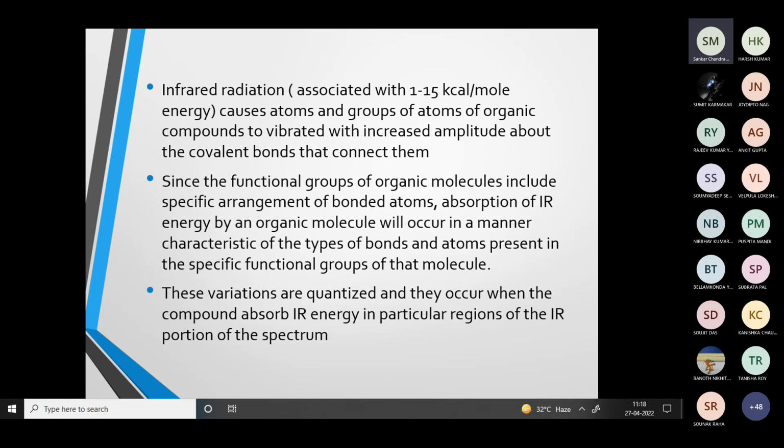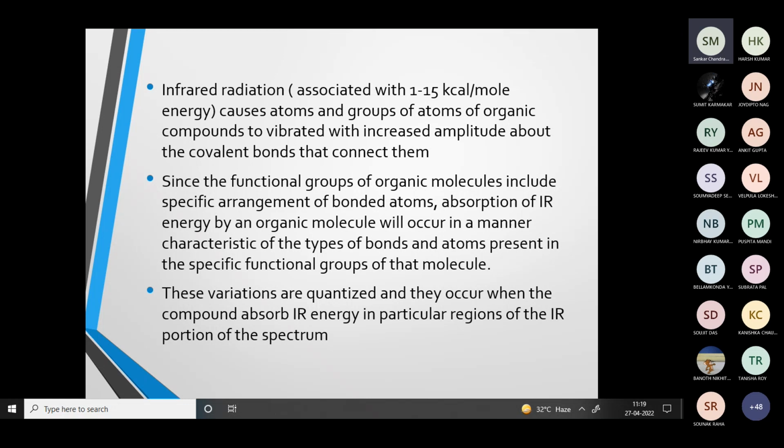Infrared radiation is associated with 1 to 15 kilocalorie per mole, equivalent to 400 to 4000 centimeter inverse. Within this range, rotational as well as vibrational modes can be irradiated and excited. That amount of energy, when absorbed by the molecule, will be reflected in our spectrum.